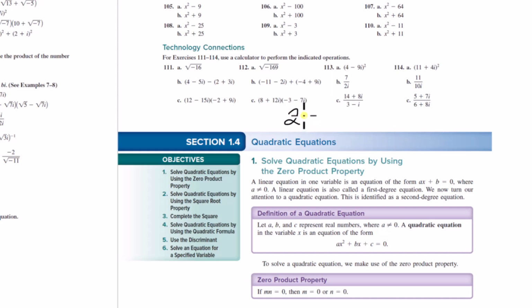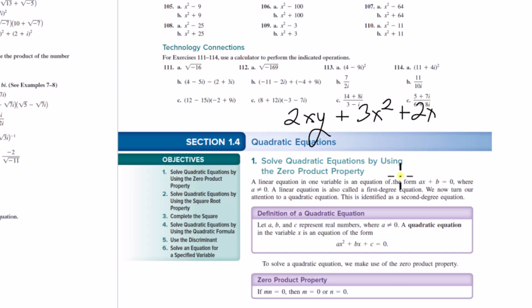So in other words, the net degree of this is 2. Because remember, with a multivariable term, to get the order of it, you add up the exponents of both variables. Plus 3x squared plus 2x.